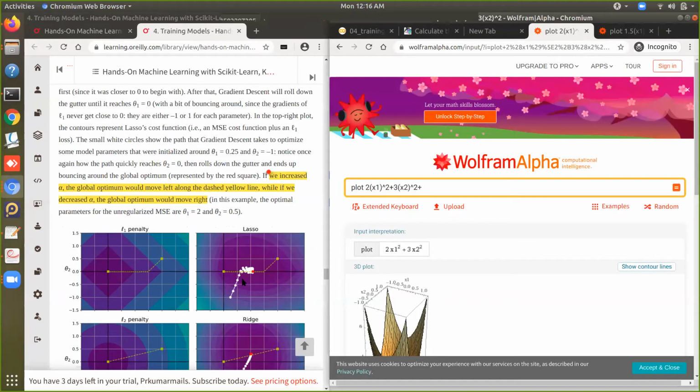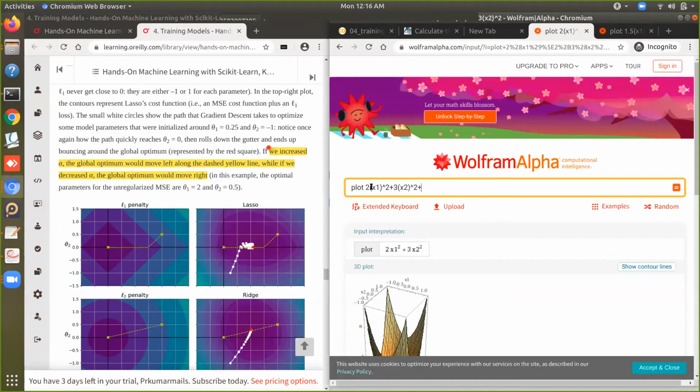So in our case, we are seeing the L1 with x1, then modulus of x2, then we add, let's assume, 1.5 as our alpha value, plus 1.5 of modulus.